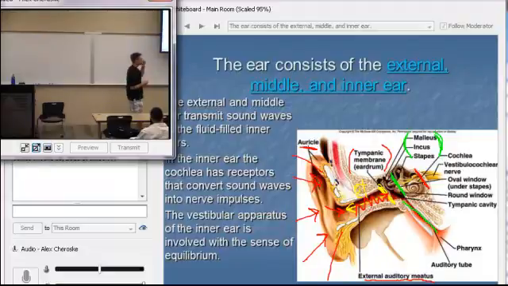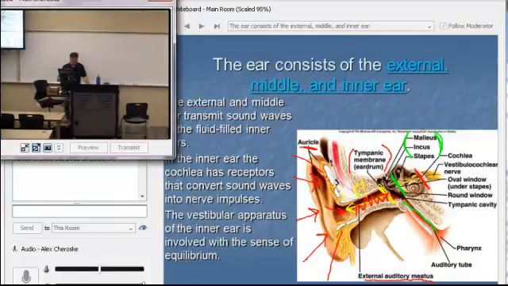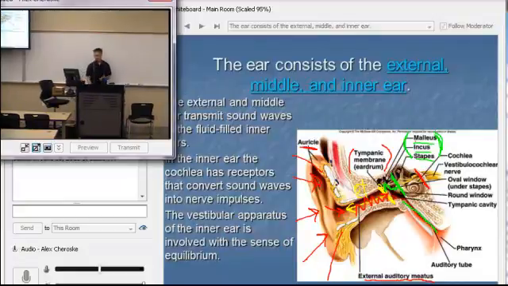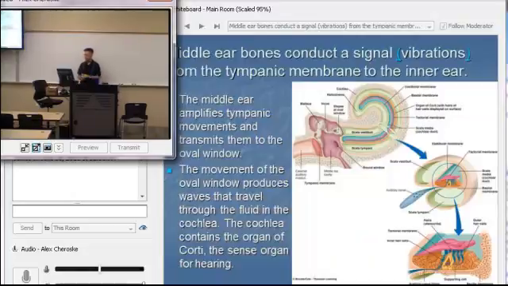And as that tympanic membrane vibrates, it's going to cause these three ear bones, the malleus, the incus, and the stapes, to vibrate. Those are located here. They are going to beat out the rhythm from the tympanic membrane, and they're going to send it into the receptors in the inner ear.